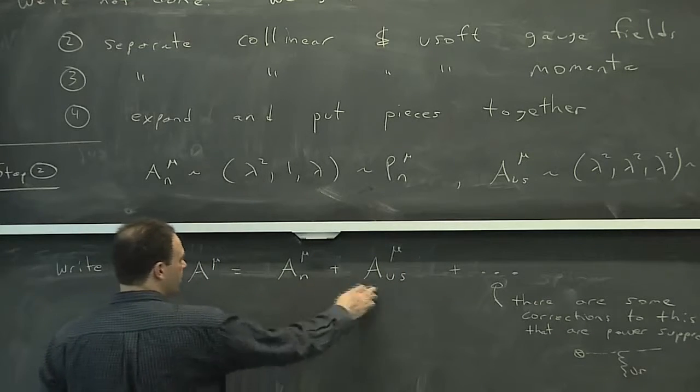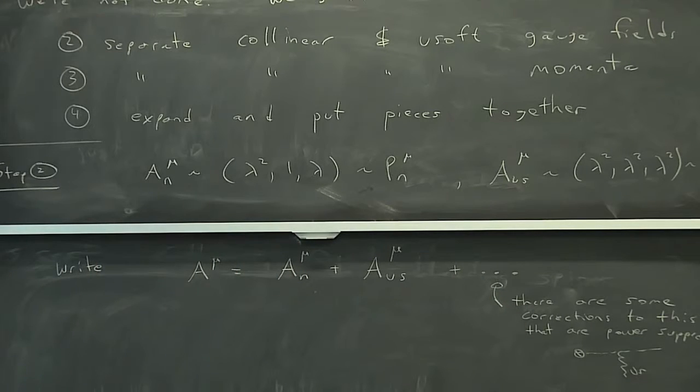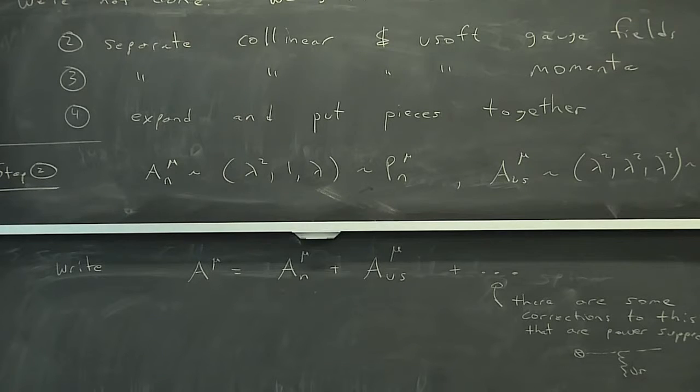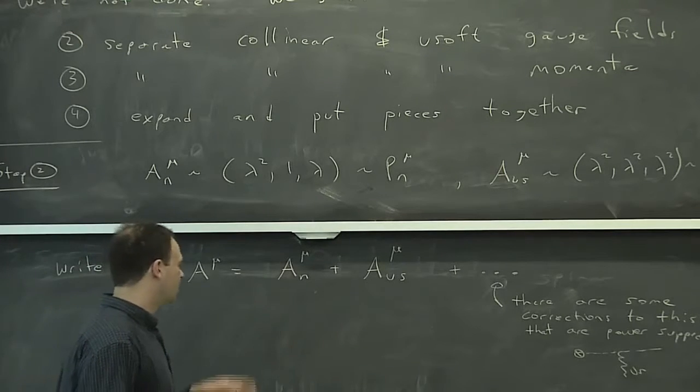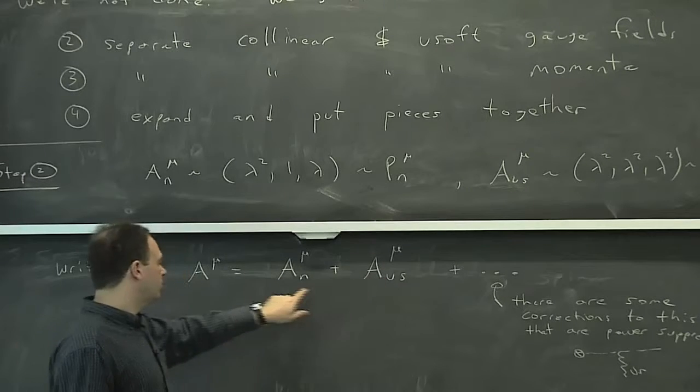So the way you can think about this, if you ignore that complication, is that you really just divide the gauge field into two pieces. And there's one place that you've perhaps seen that before when you talk about a background gauge field. Right? You say you have a quantum field and the background field, and that's very nice if you go to background field gauge.